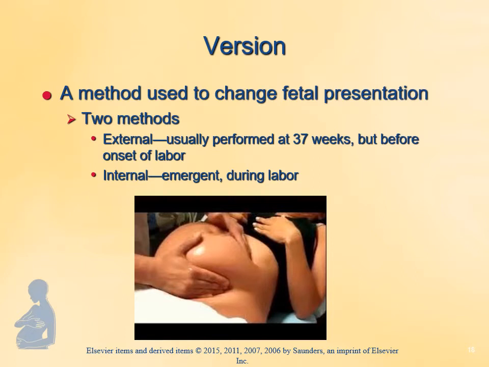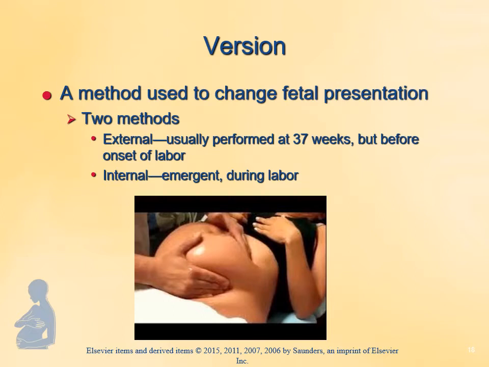The doctor will usually bring the patient into the hospital. We'll do an IV, and sometimes medication is used to relax the uterus a little bit. Usually terbutaline is used. Sometimes nitroglycerin can be given as well.